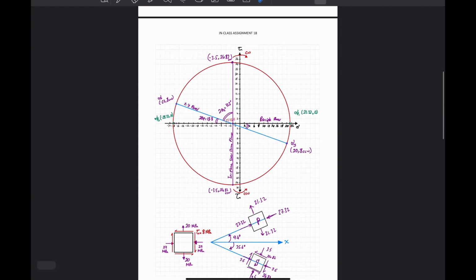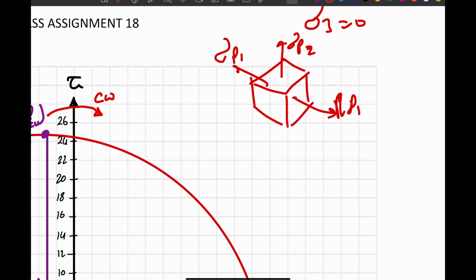And again, let's do this for example question 1, although we are not asked to. For example question 1, we have P1 here and we have P2 here. So if you are asked to draw the out of plane Mohr circle, or extend the Mohr circle to cover the 3D stresses, again sigma 3 is going to be 0, which is the out of plane. So we have sigma P1 here, and then we have sigma P2 here.